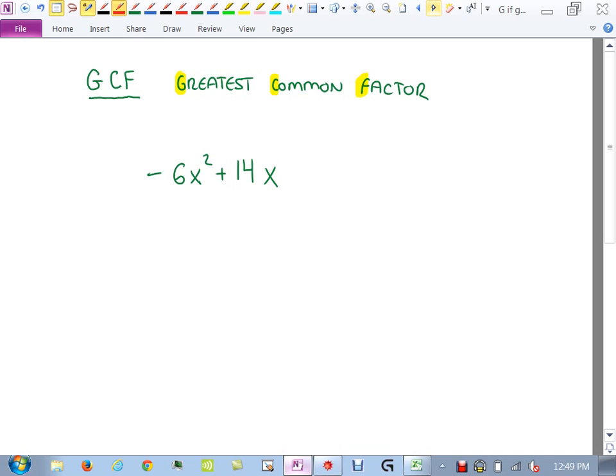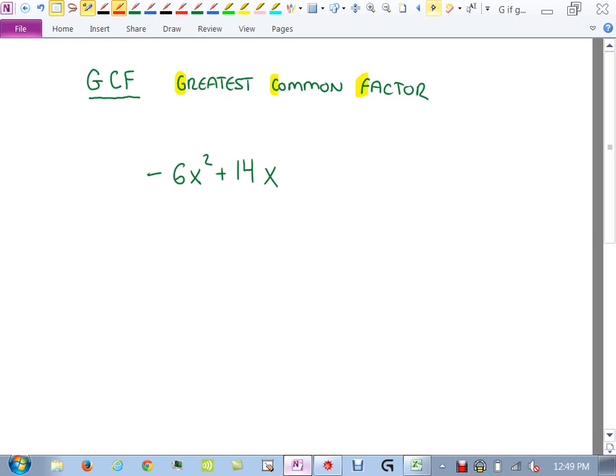Now, GCF stands for greatest common factor. And the technique here is really just looking and inspecting, finding something, and then using it somehow. So there's not like, add this to both sides or divide both sides. It's nothing like that. It's identification.